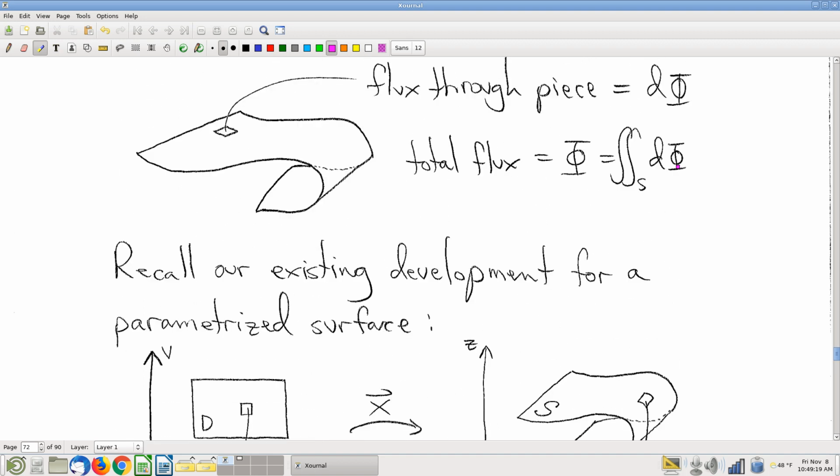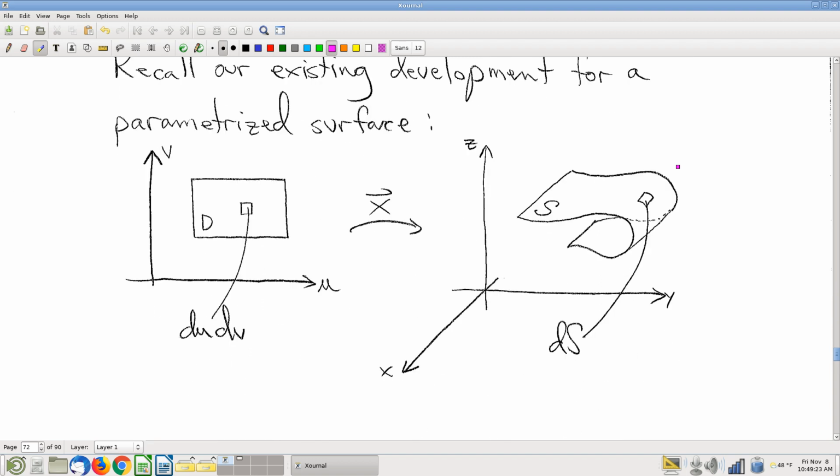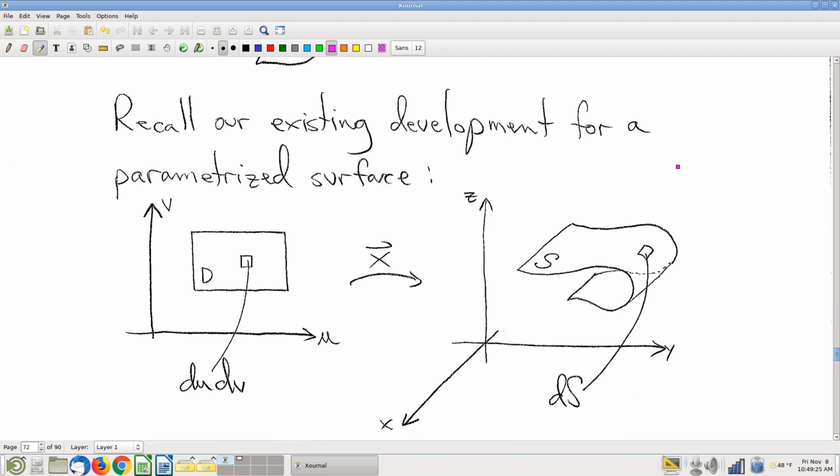Okay, so lots to deal with, lots of little details to worry about here. For one thing, we're going to be adding up over a curved surface, and there's a lot of things I don't like about it. Not least of which is that it's dimensionally awkward. It's a two-dimensional thing in a three-dimensional world. And good news, we've already dealt with that problem, right?